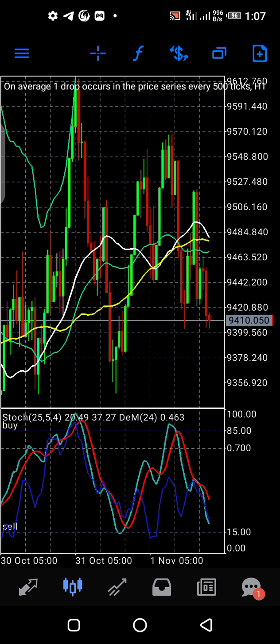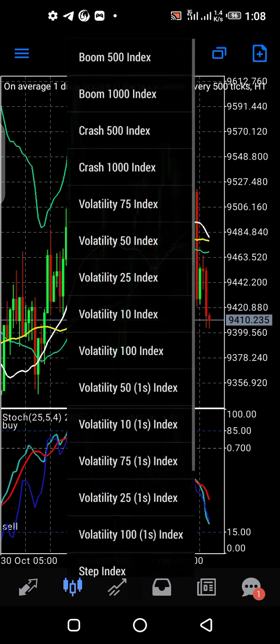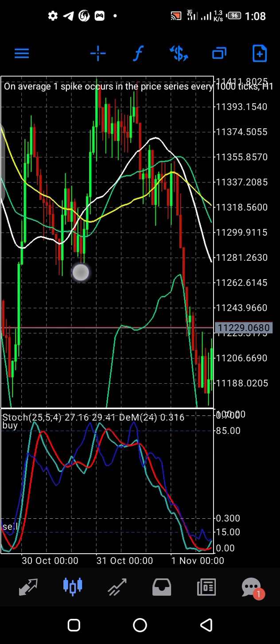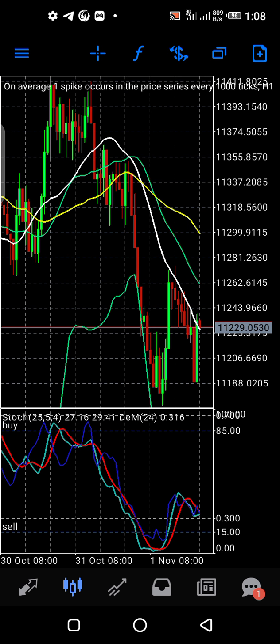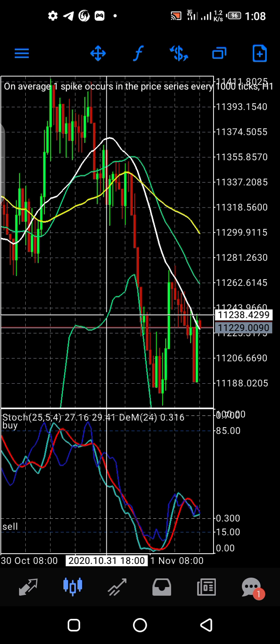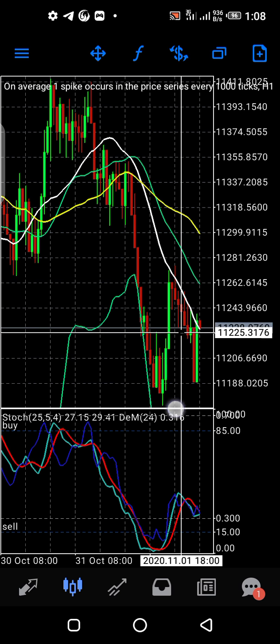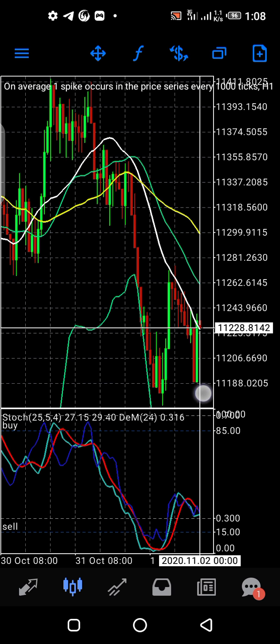Now, the opposite is for boom. It is advisable to trade the spikes on boom in an uptrend. As you can see here, boom is on a downtrend here, which is not advisable, but I think there's a massive reversal here.